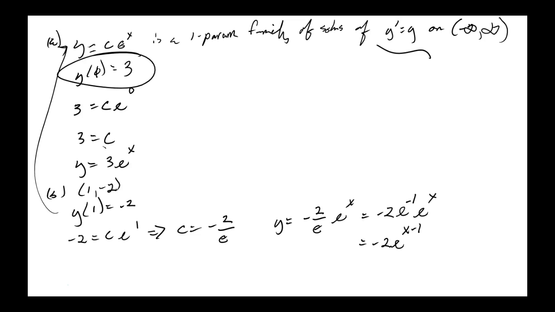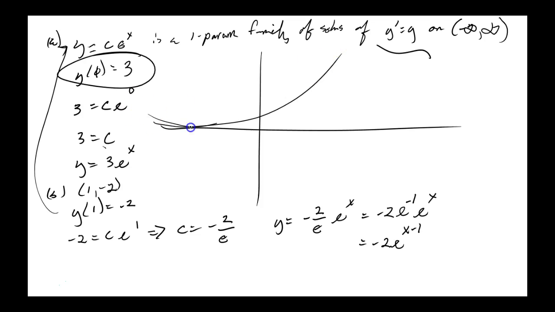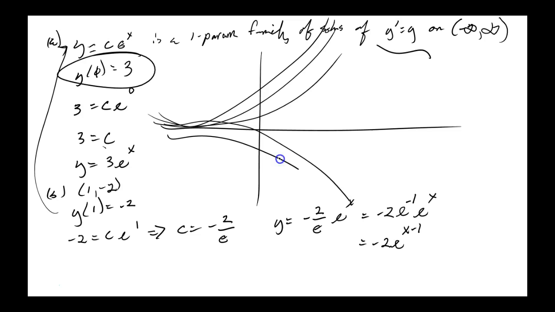But this is showing, I'll just try to draw the graph of this generally, okay? c e to the x is going to look like this. I'm sorry, I shouldn't have been above the line there.